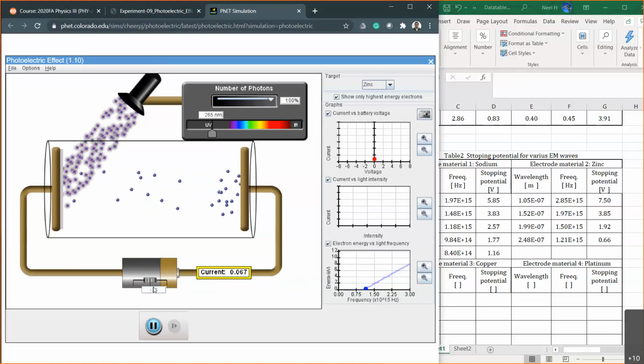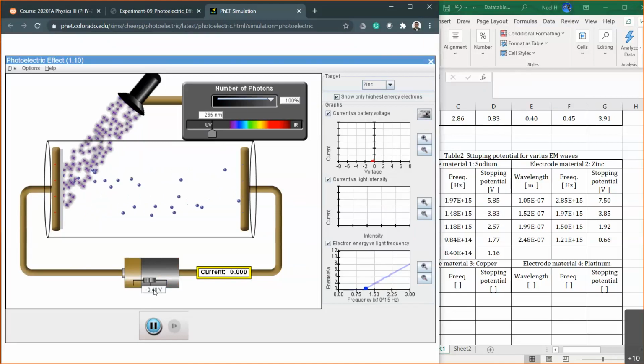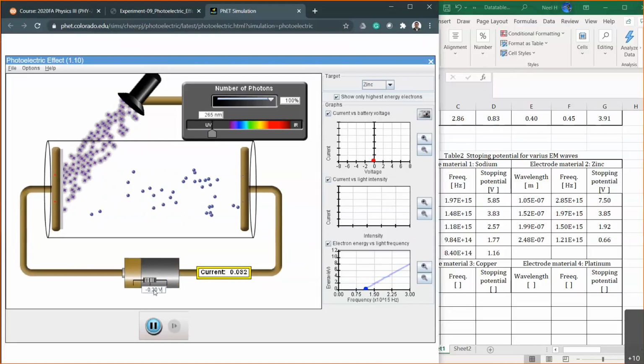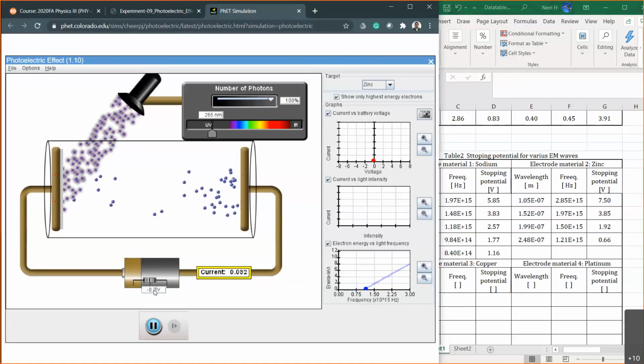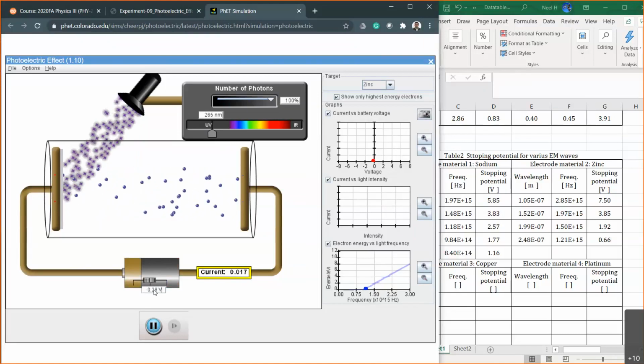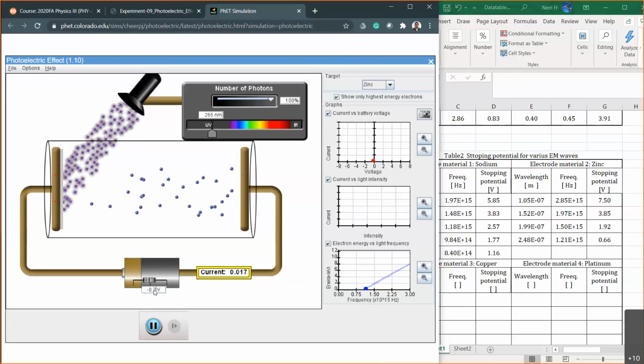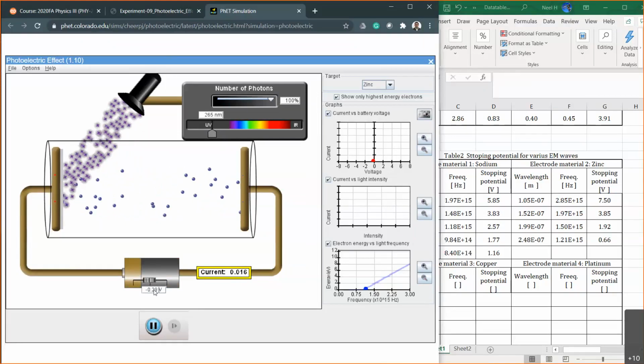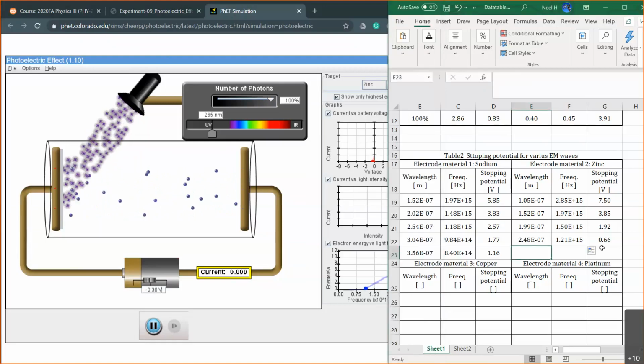Minus 0.5, minus 0.4, 0.3, 0.2. There's a number, 0.25, 0.27, 0.28, 0.29, 0.30, 0.30.